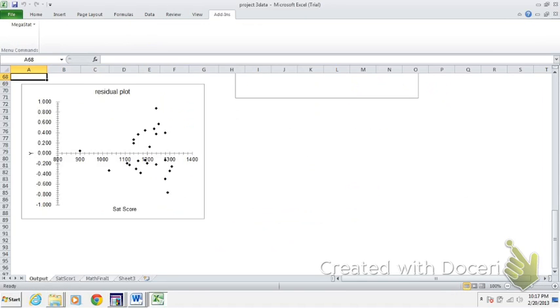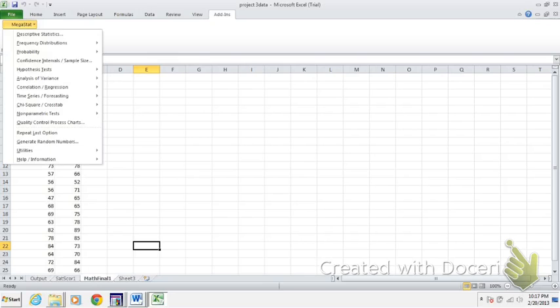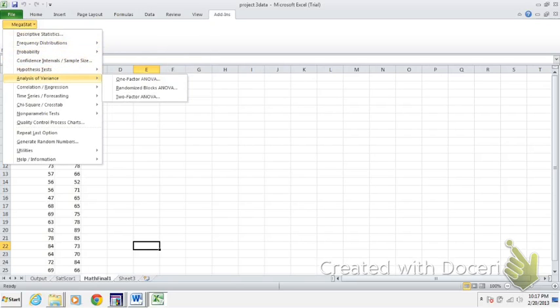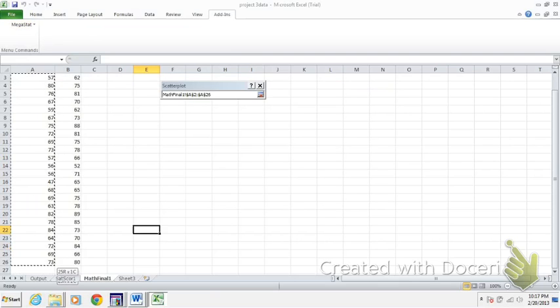Math Final, I go to this tab down here that says Math Final. So now you know how to do it. We go add-ins, Megastat, correlation and regression, and then scatter plot. Same thing, horizontal axis, we're going to highlight the reading placement scores.